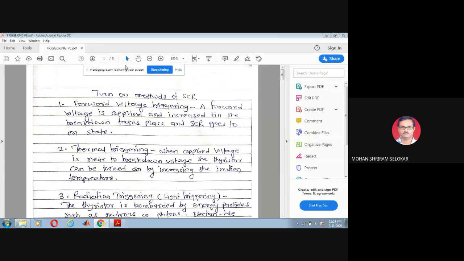Now, thermal triggering. As you know, when the applied voltage is near the breakdown voltage, the thyristor can be turned on by increasing the junction temperature.